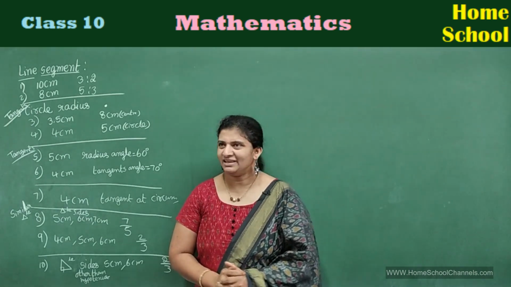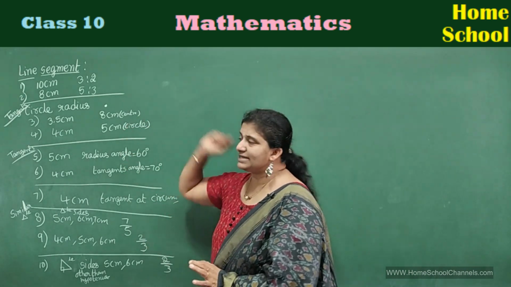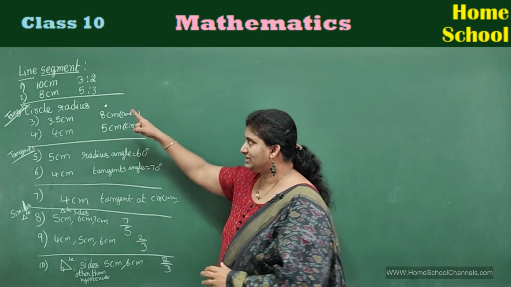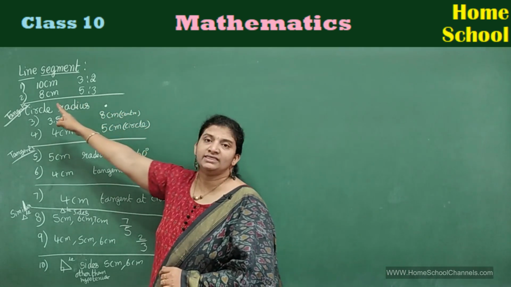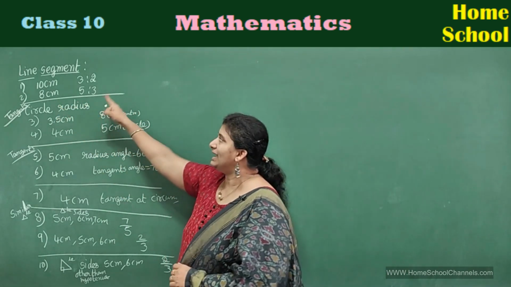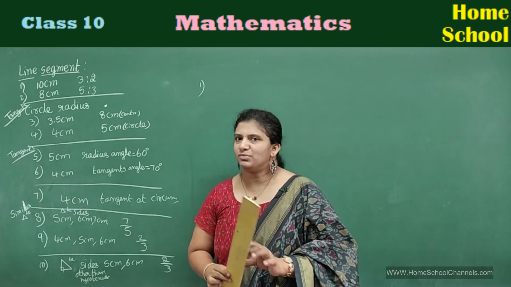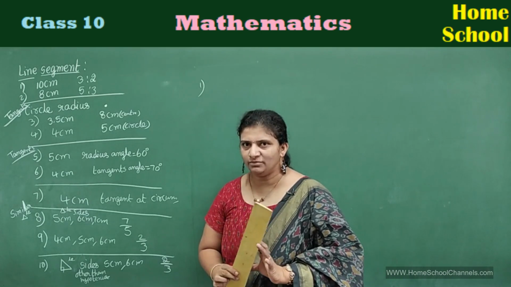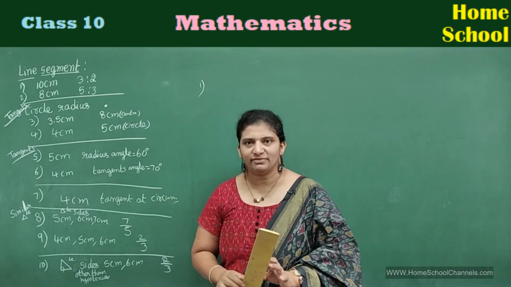Okay, let's begin here. First variety of problem, that is line segment, I have written. Try to understand. Divide a line segment of length 10 centimeters in the ratio 3:2. These constructions I may do on the board with rough measurements, but you please do in your fair notes with actual measurements.